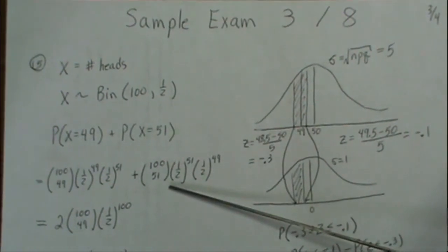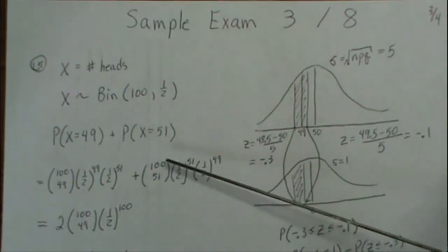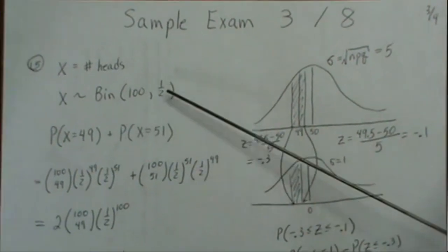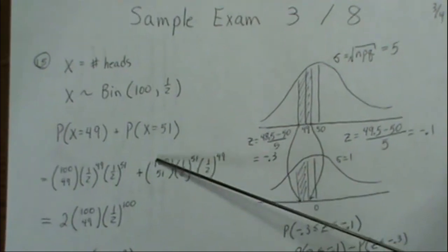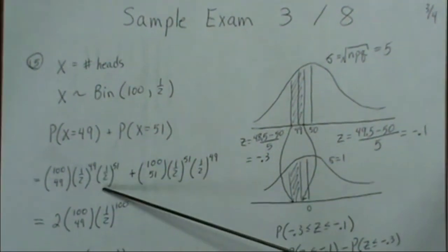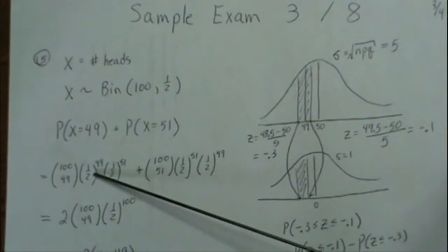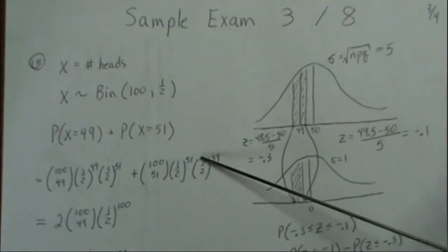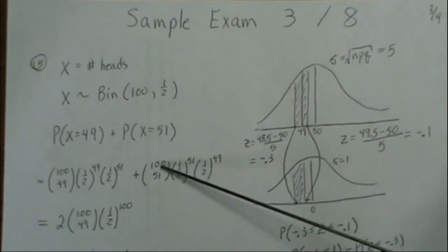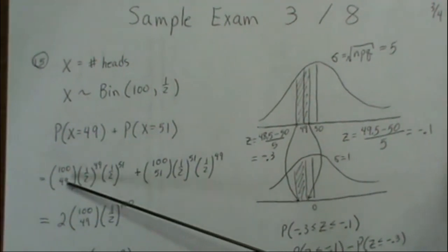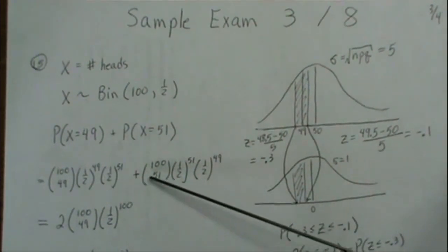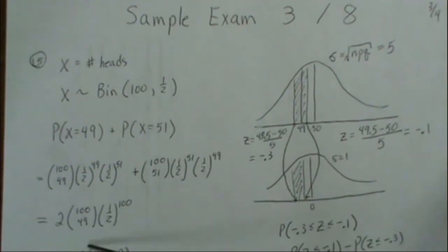Okay, so one note, since it's 1/2, we're actually symmetric about X equals 50. So this piece here is just 1/2 raised to the 100, and this is 1/2 raised to the 100. And this combination, 100 choose 51, is the same as 100 choose 49. So those can be combined into 2 times this.